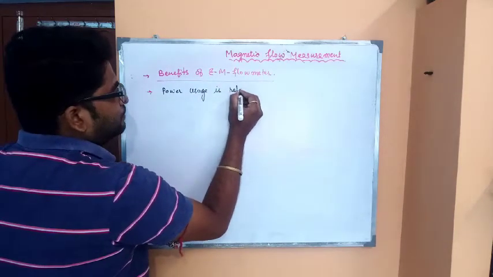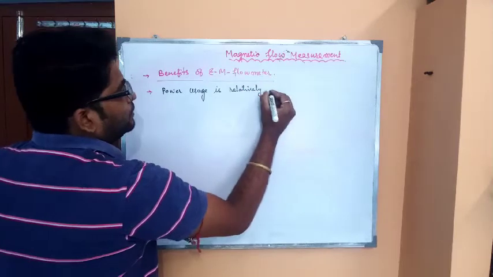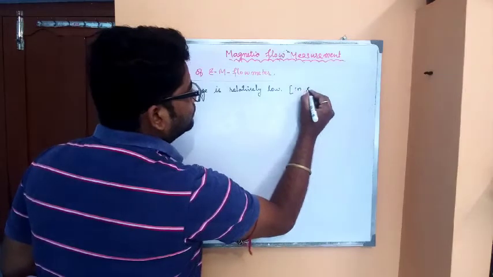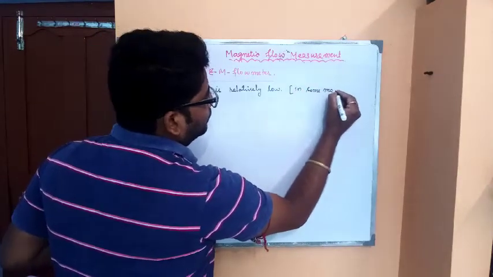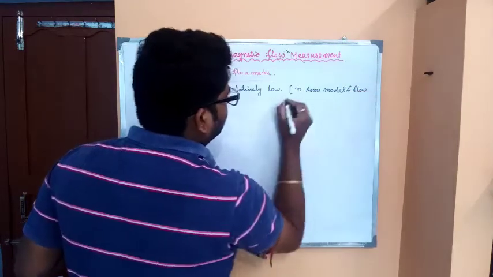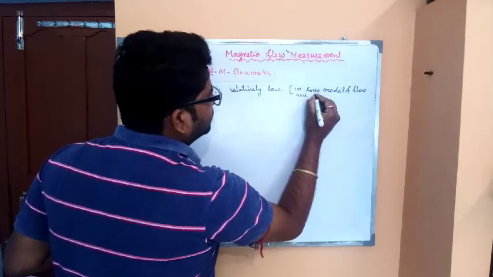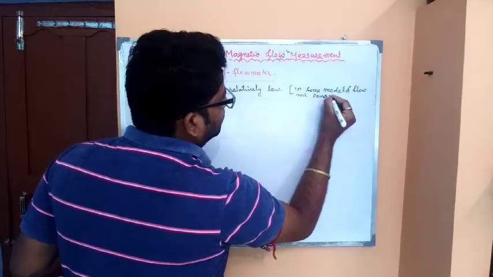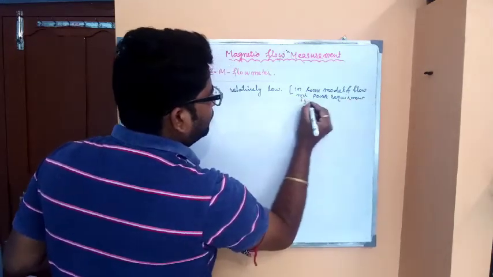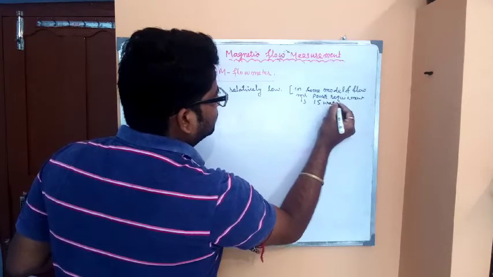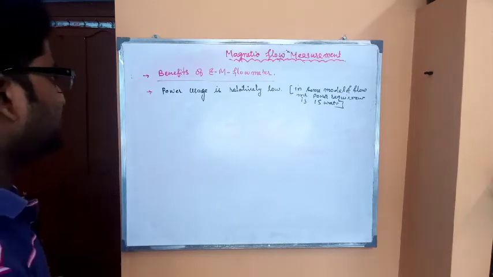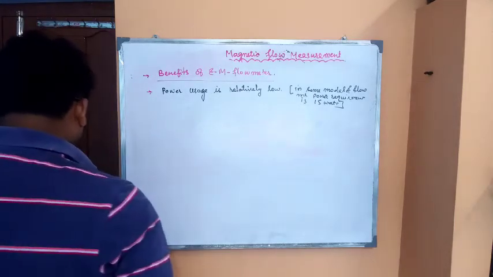In some models of flow meter the power requirement is 15 watt. Okay, so these are the benefits of electromagnetic flow meter. First thing is the power usage is relatively low.